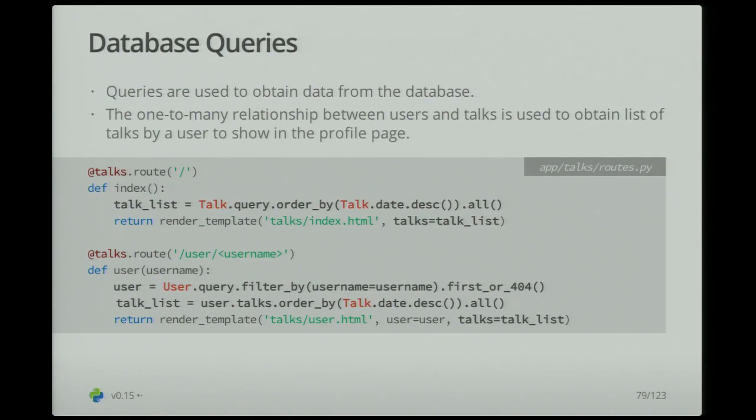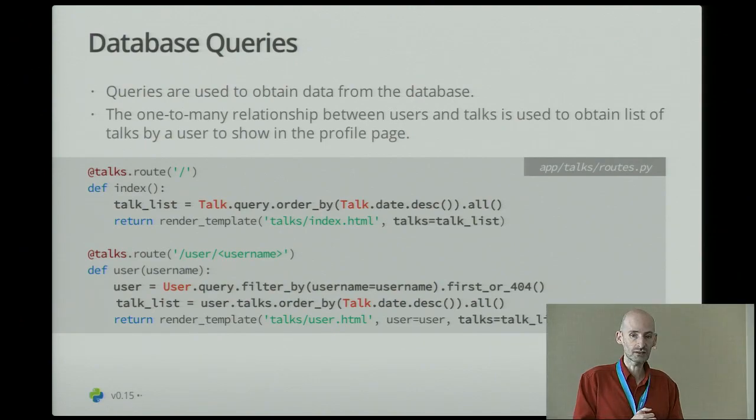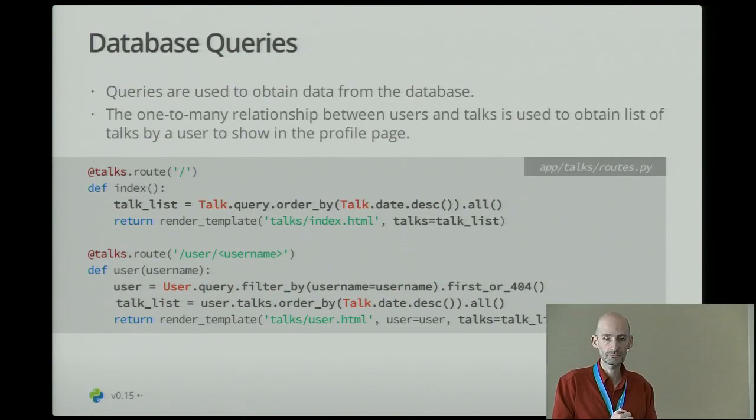So user.talks is a query that I haven't run yet, but when I run it, it will give me all the talks from that user. And before I run the query, I say order by again, and talk descending order. So it will show me the new talks first. And then I run the query by saying all. That runs the query and returns a Python list. And now I have my list, and I can send it down to the template. Okay?